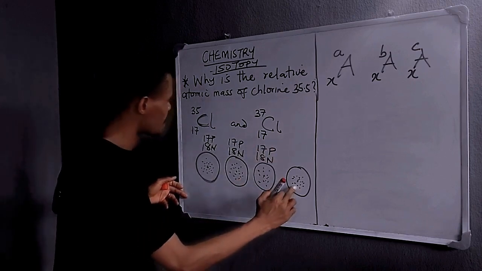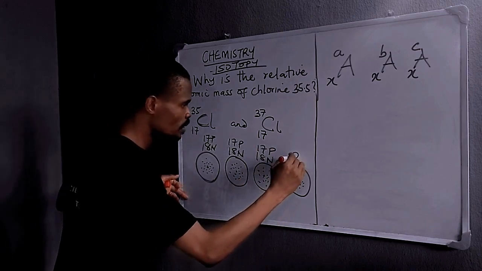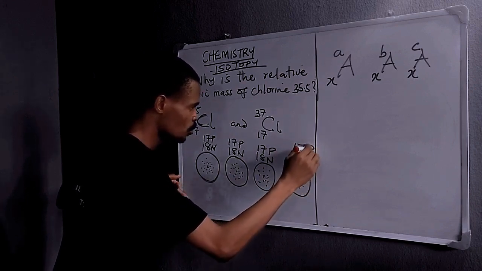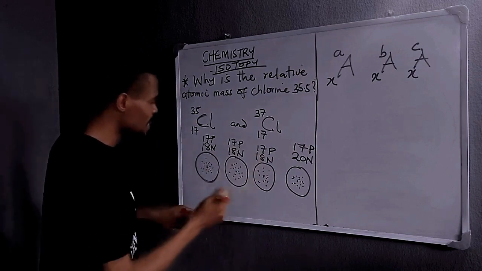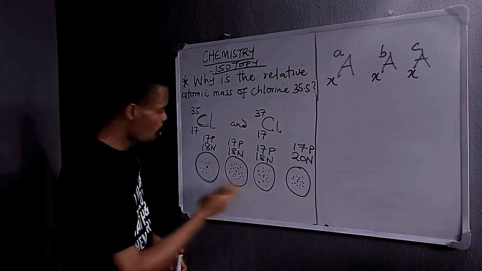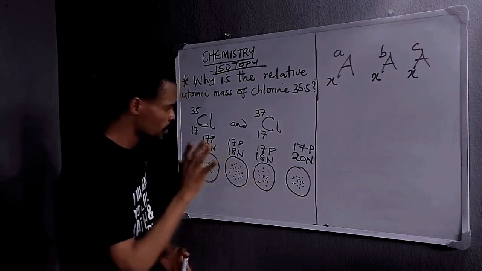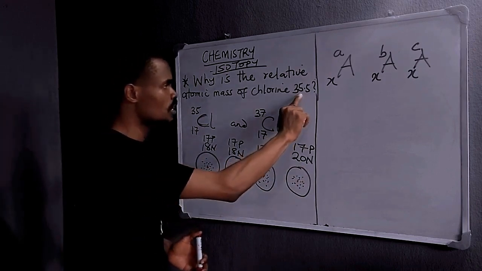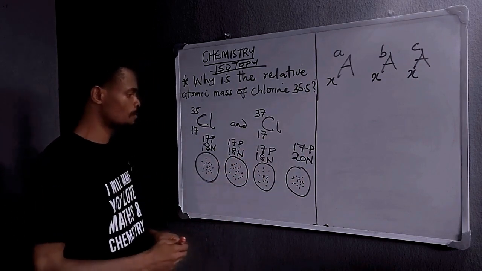While for chlorine 37, we have 20 neutrons and 17 protons. Now, the weighted average of all the isotopic forms of the atom will add together to give us 35.5. How is this done?